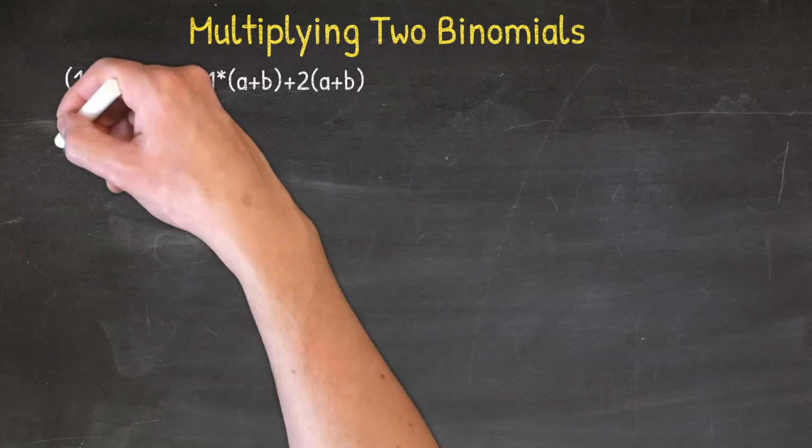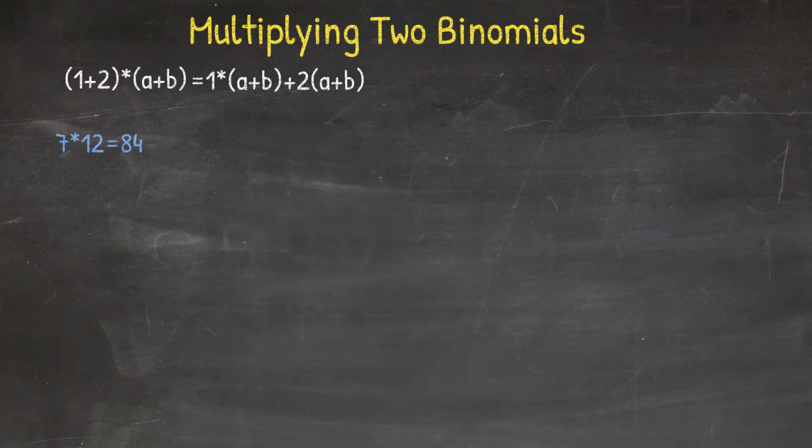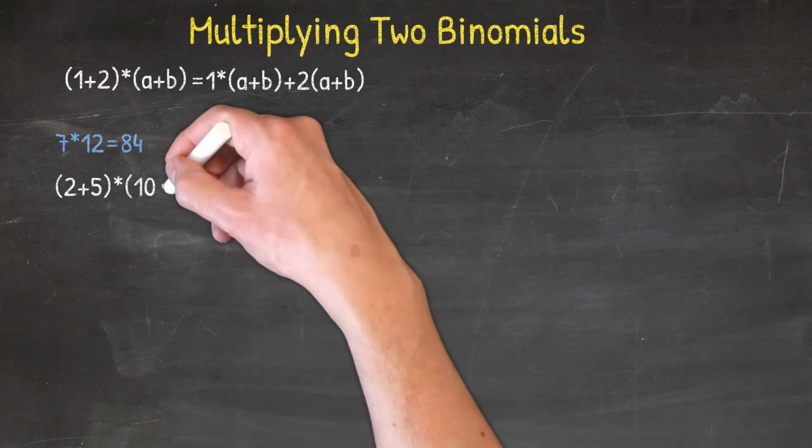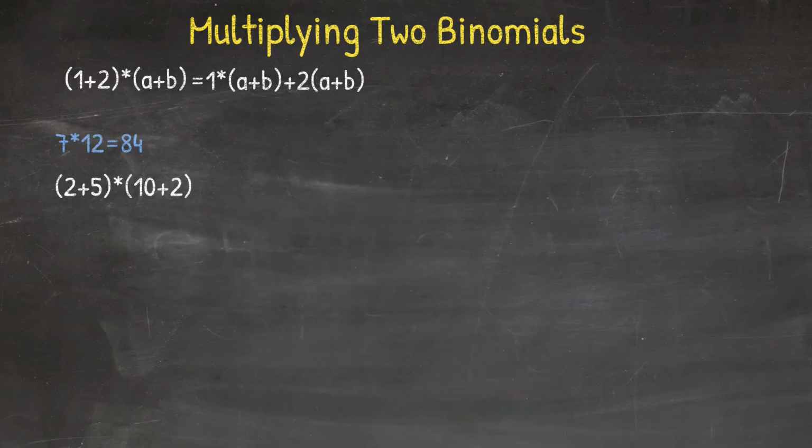7 times 12. We can use a calculator, and it will output 84 as the answer. Or we can use our knowledge of binomials to solve it by hand, independent of the technology. So let's break down 7 into 2 units, 2 plus 5, and 12 into 10 plus 2, and multiply as originally intended.